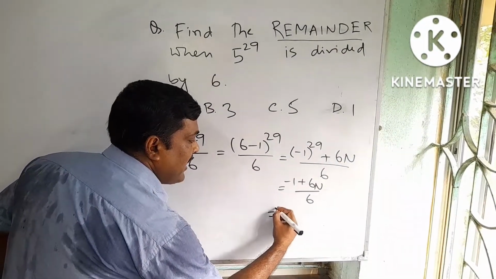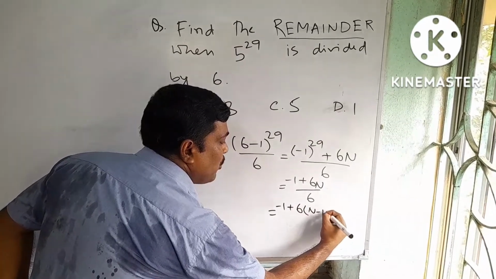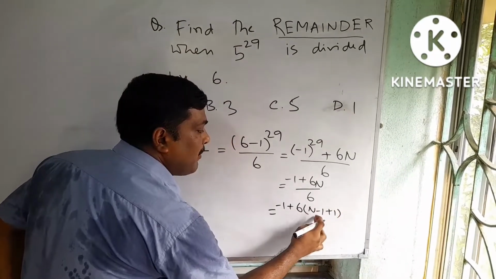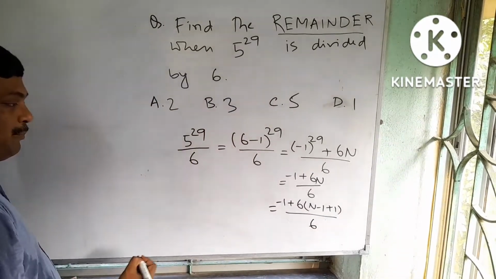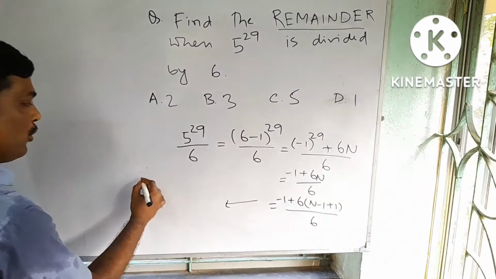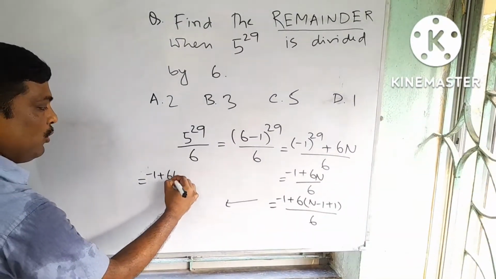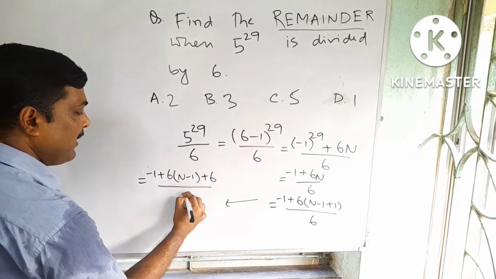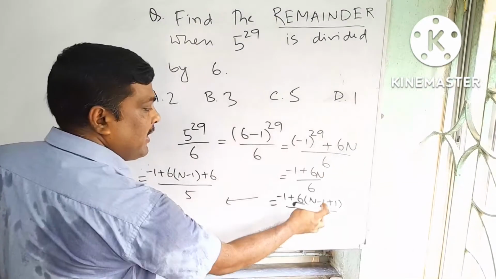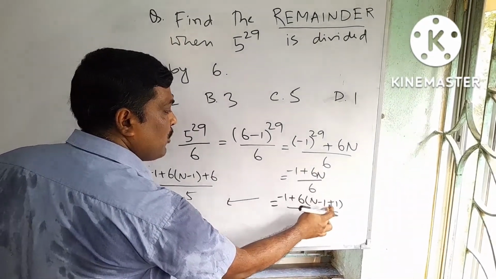So we can write it as minus 1 plus 6 into (n minus 1 plus 1), divided by 6. Okay. In such a situation, we have to write n as n minus 1 plus 1.